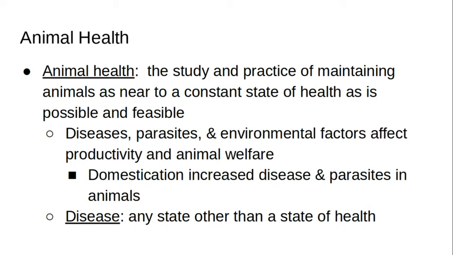Domestication has increased disease and parasites in animals. And we can kind of see this as we increase the population, the chance of getting a disease or a parasite is also going to increase. So, the definition of disease is any state other than a state of health.